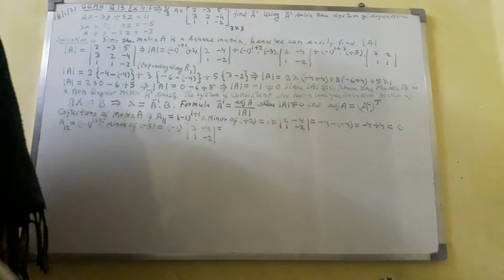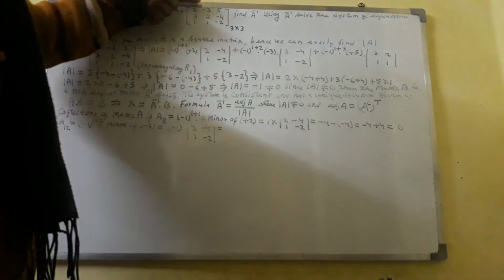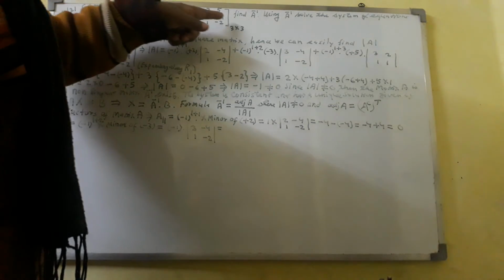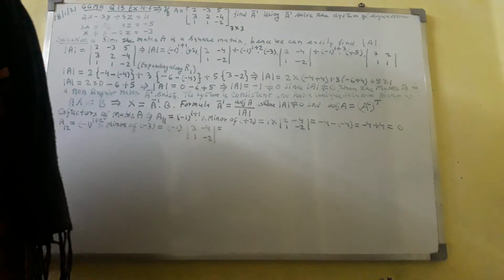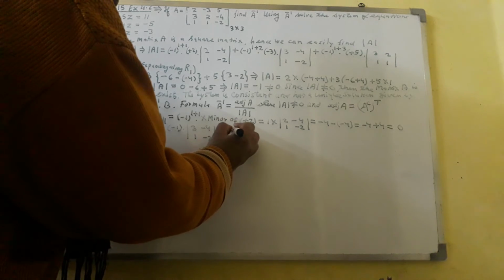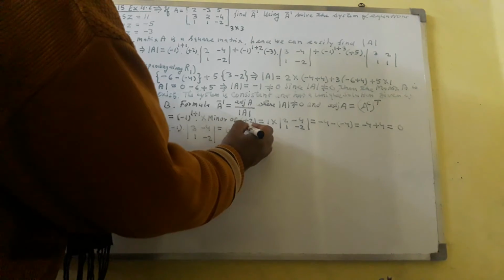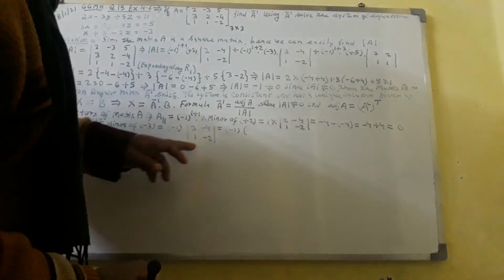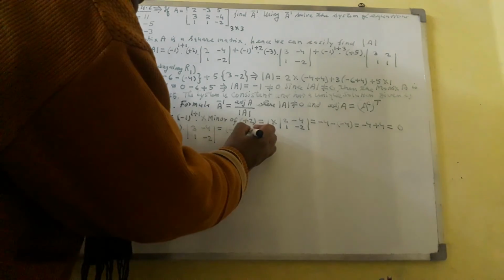This thing you will get. What will we do? 3 minus 4, 1 minus 2. So here write minus 1. 3 times 2 is 6, right, here minus 6.